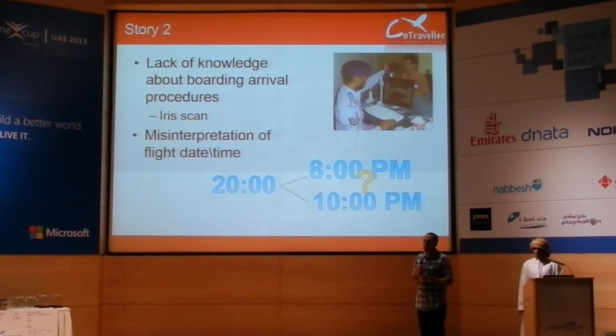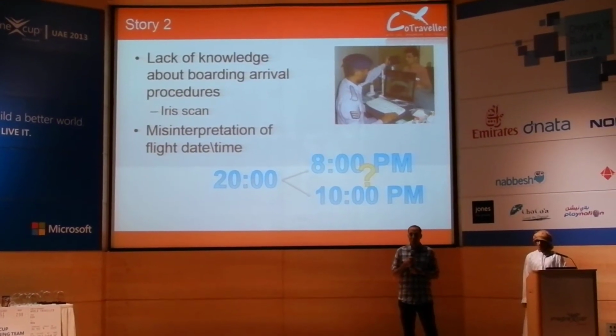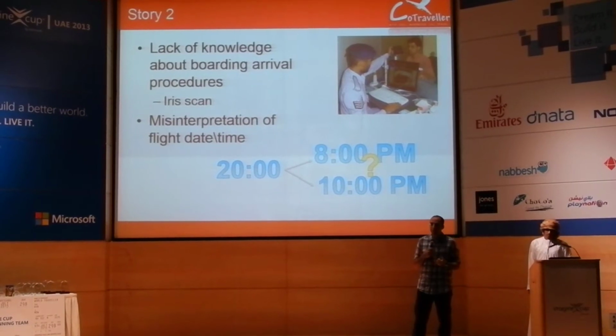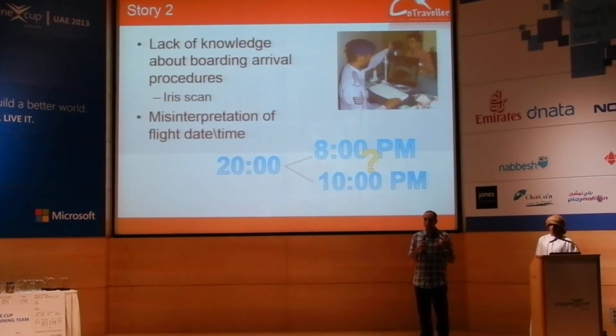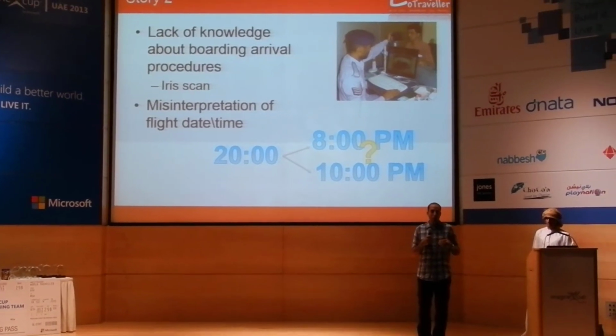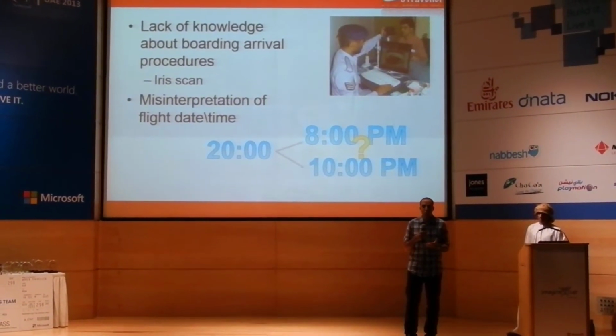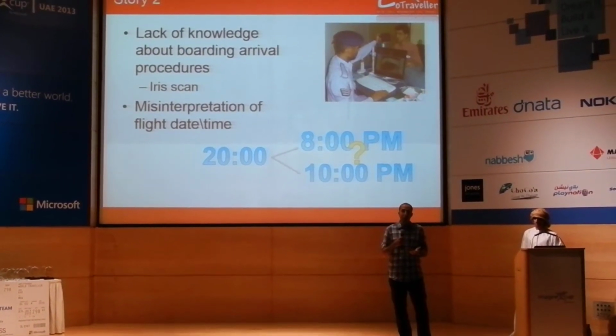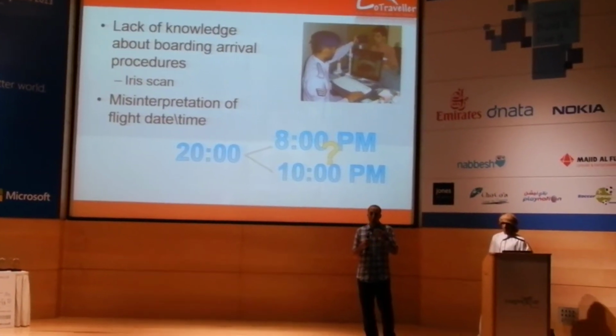Another story is of my sister who visited us 2 months ago. This was the first time she came to the UAE. She was on a visit visa, and when she got to Dubai airport, she went directly to passport control, as she normally does in all airports. But in Dubai, we have a special requirement before you go to passport control.